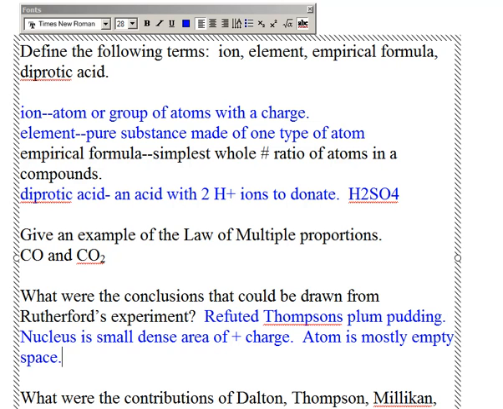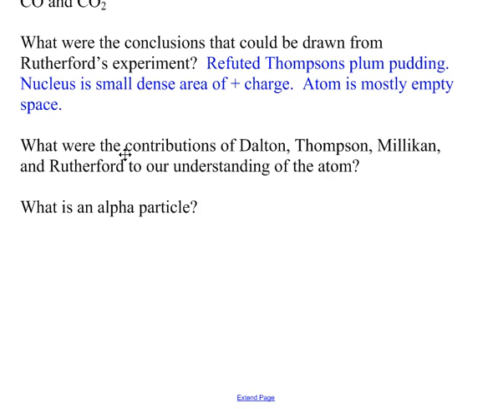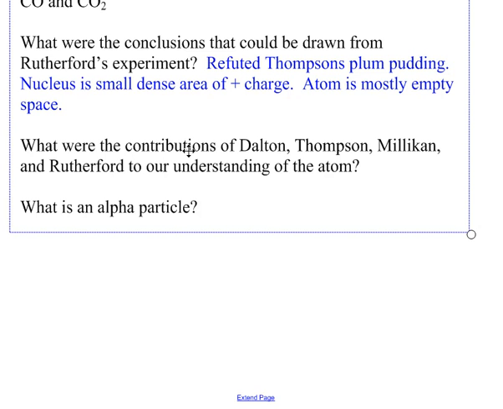That's why most of the alpha particles went through the gold foil, but a few bounced back, and those were the alpha particles that went right at the nucleus.